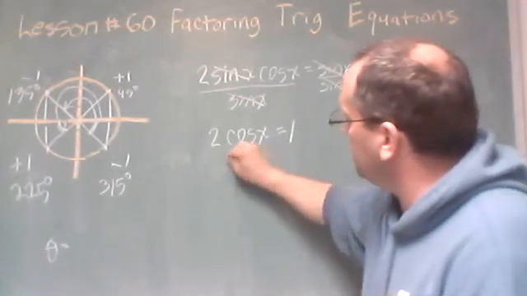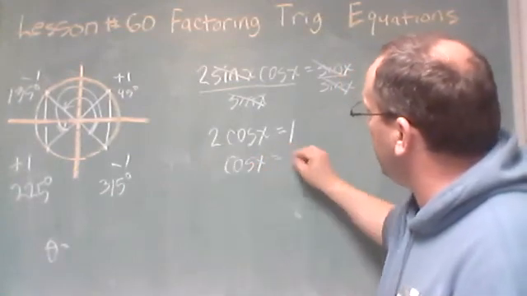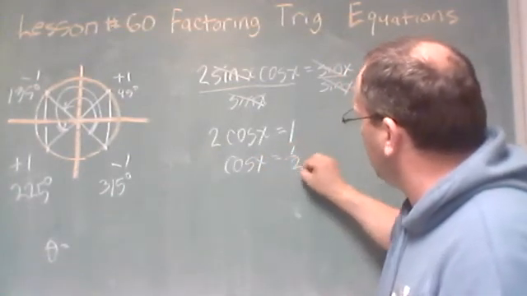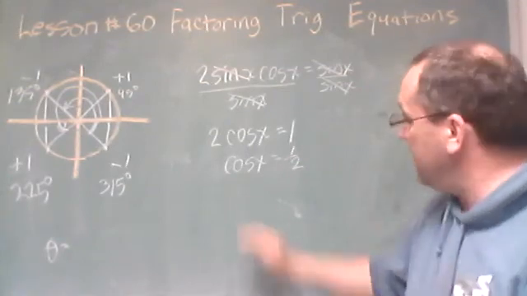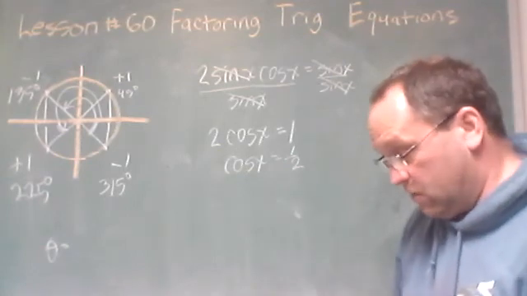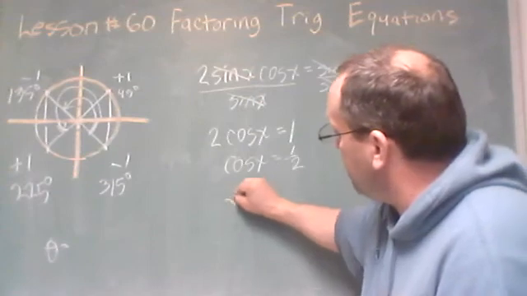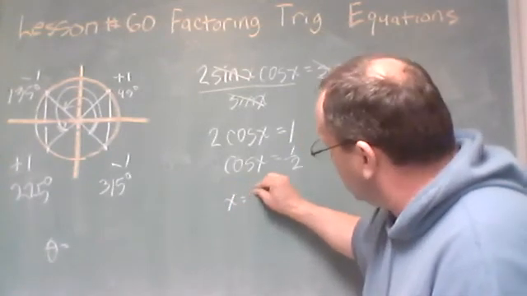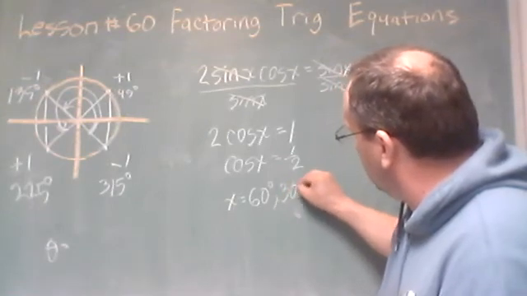Then we divide out the 2, and the cosine of x equals 1/2. So we would find on our reference circle where the cosine of x equals a positive 1/2. In their example, that occurs when x is equal to 60 or 300 degrees.